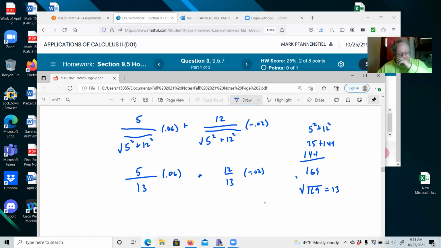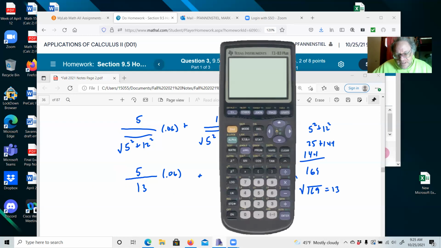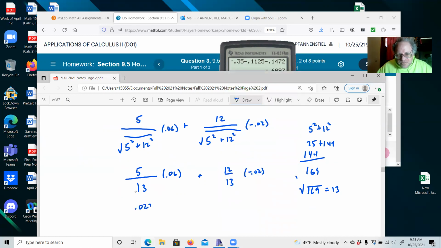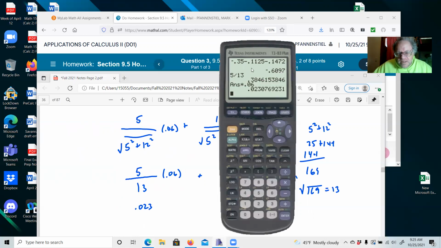At which point now I could think about dealing with the calculator. So here we go. We have 5/13 times 0.06. I'm going to go ahead and just write it off right here. So this is 0.0231.